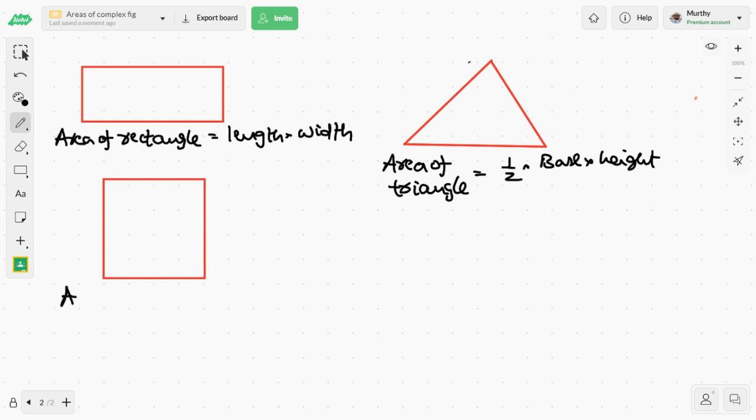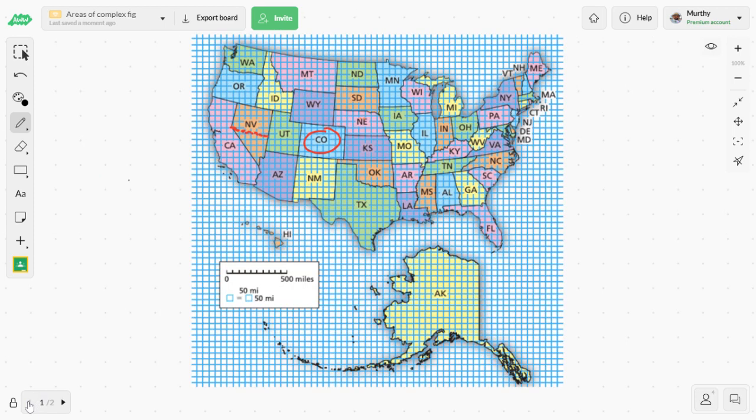Next, area of a square equals side times side. If you can remember these three rules, for sure you can solve this kind of complicated questions too.